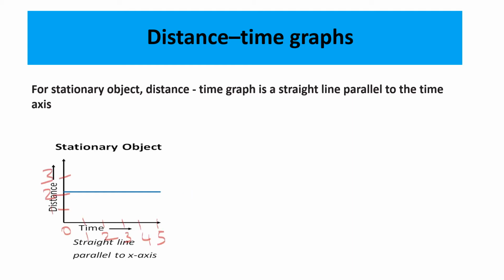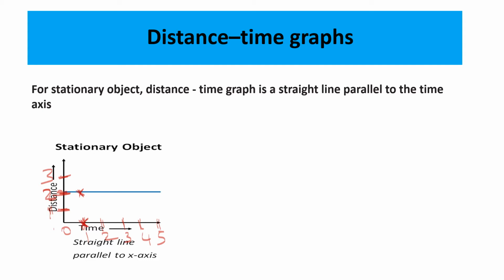Say the time axis is divided into 5 seconds: 0, 1, 2, 3, 4, 5. At the first second, the distance covered is this point, and on the distance axis, let this be 1, this be 2, and this be 3. What is the distance covered at this point?